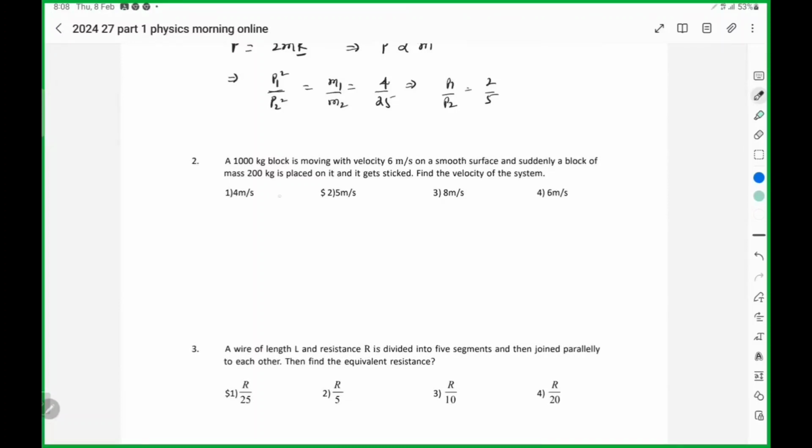Here a 1000 kg block is moving on a smooth surface with a velocity of 6 meters per second. Suddenly, a block of mass 200 kg is placed on this. So it is a sudden change, and we can say momentum is conserved.